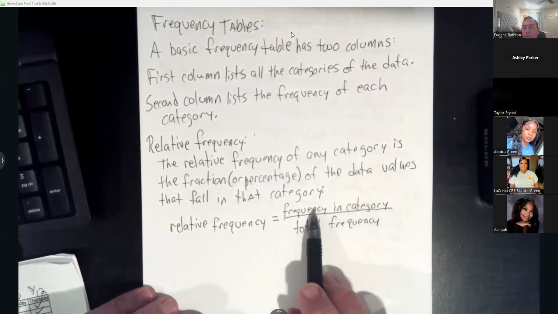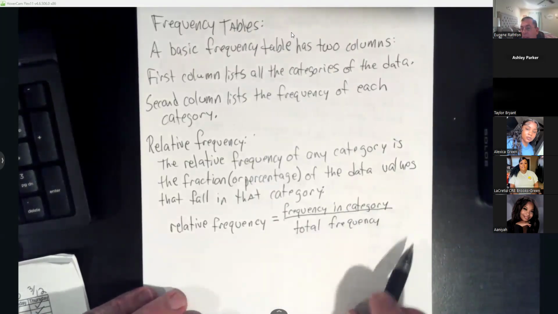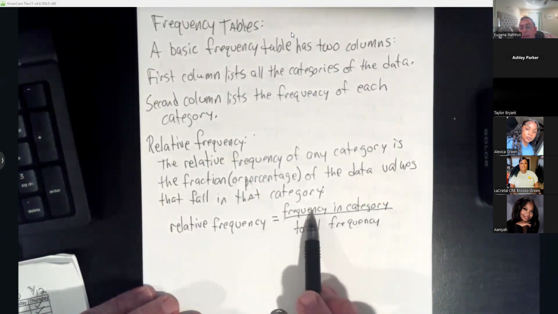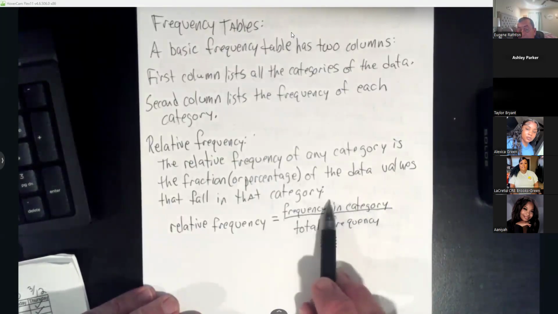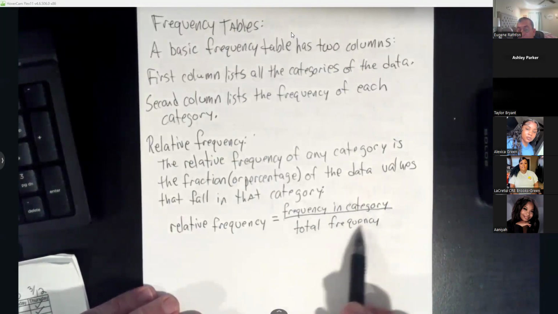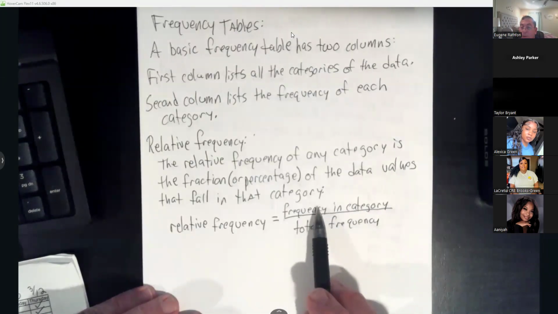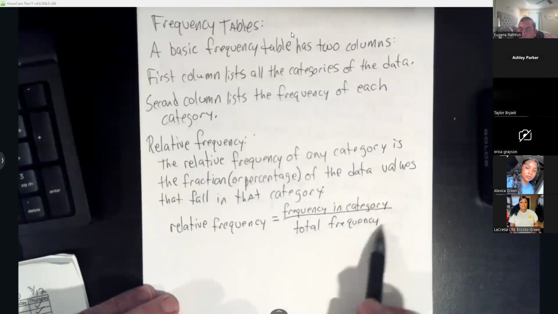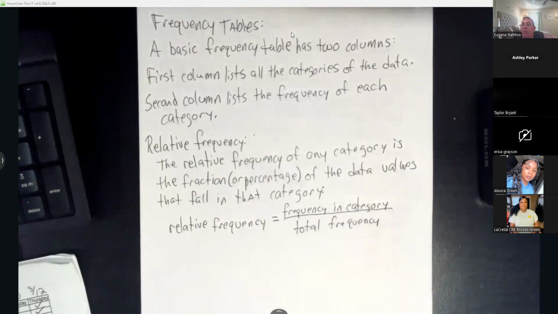So if I was looking at my ABCD scale I made a while ago, relative frequency would be how many A's did I have? And then how many total tests did I have? Okay. So it's the frequency of each category divided by the total frequency, which is how many you actually had altogether. Okay.